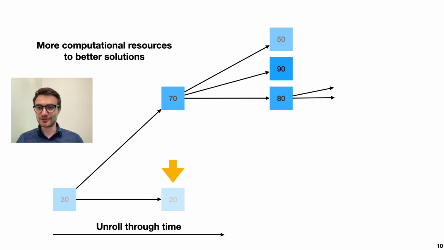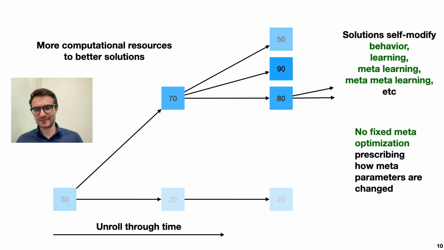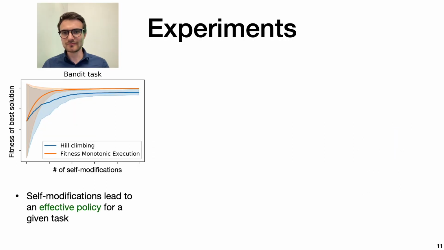So the better the solution, the more computational resources we assign. In this scheme, solutions self-modify their behavior, their learning, and their meta-learning, etc. And there is no fixed meta-optimization scheme that defines how meta-parameters are adapted as a function of the performance metric. All these changes are self-proposed.